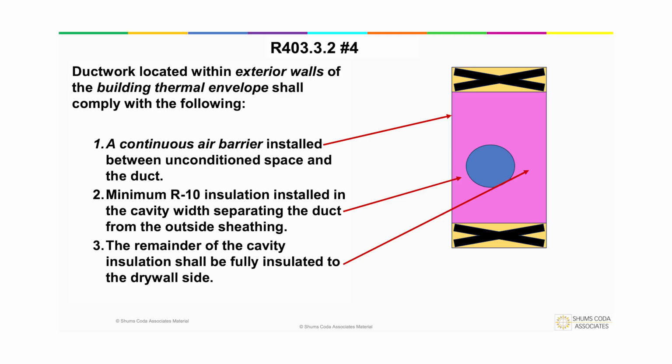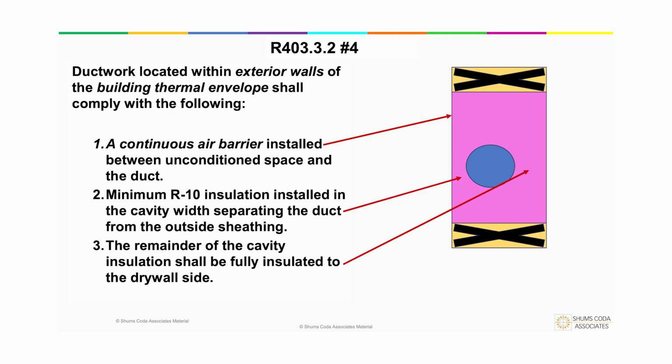So in this one, it says if you have ductwork that happens to be within exterior walls, this is how you are able to make them be inside conditioned space. So the first thing is you have to have an air barrier that separates the ductwork from wherever that unconditioned space is. The next thing is you have to have an R10 insulation that is behind the ductwork, and it's basically separating the ductwork from the outside.